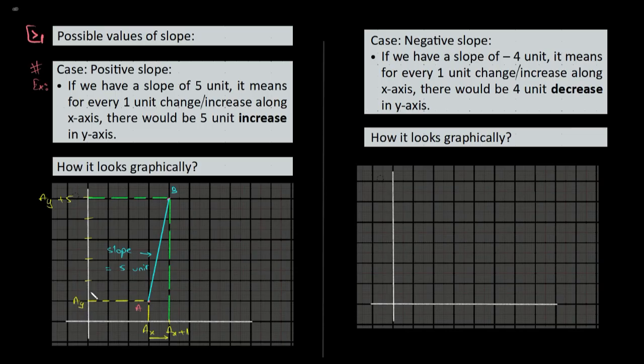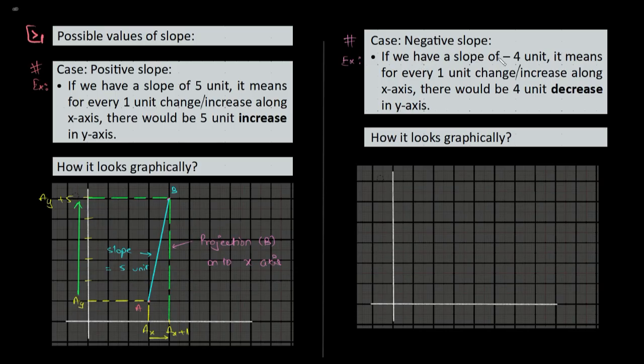So for every 1 unit along the x-axis, there is an increase along the y-axis by 5 units. And this set of dotted lines are your projection. In this case, this is the projection of point B onto the x-axis.